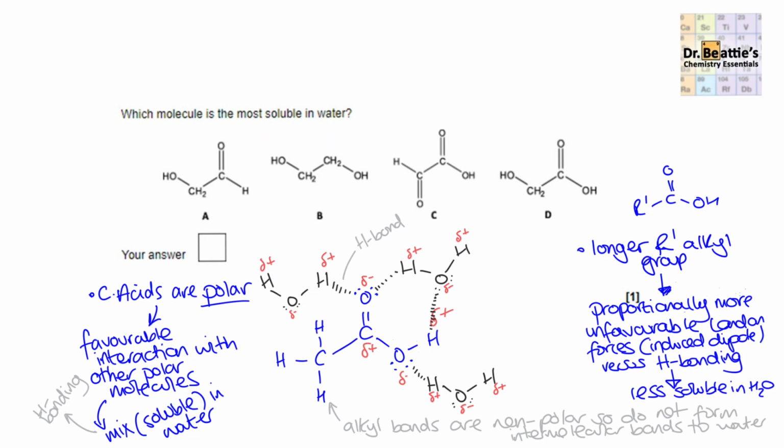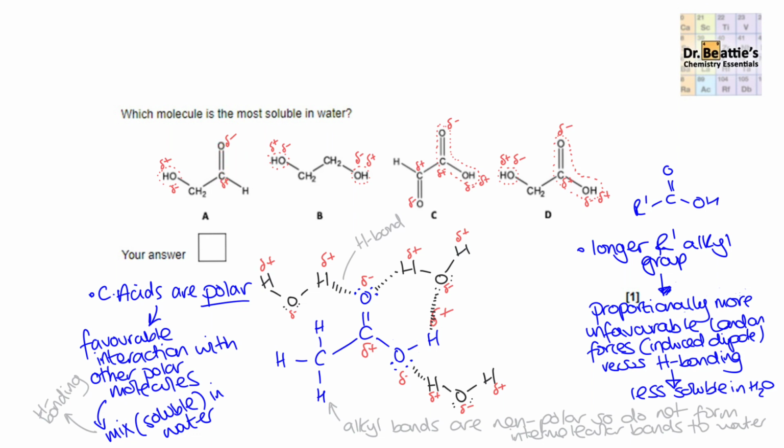Okay, so alcohols are polar, as are carboxylic acids. Now, if we put polar symbols on all of our atoms, actually we have quite a few polar areas.